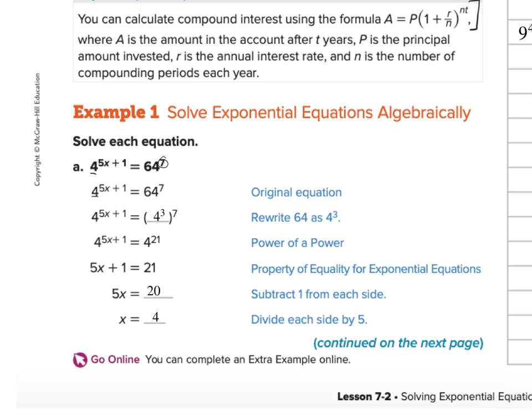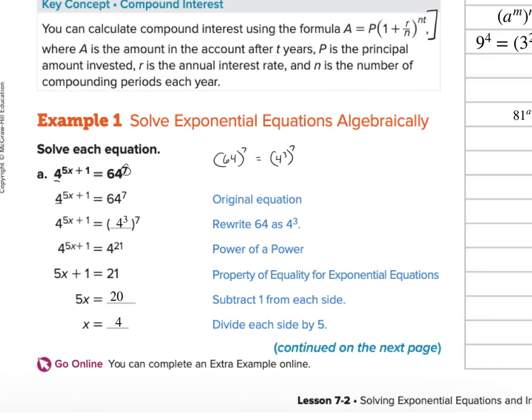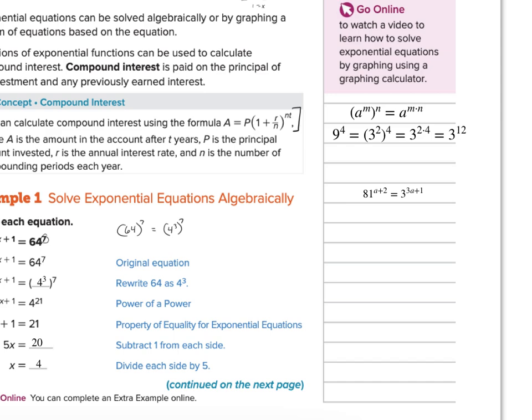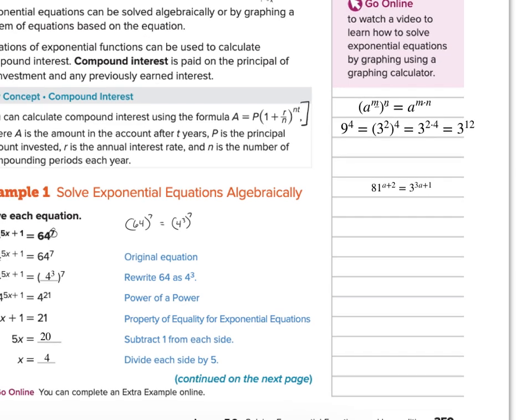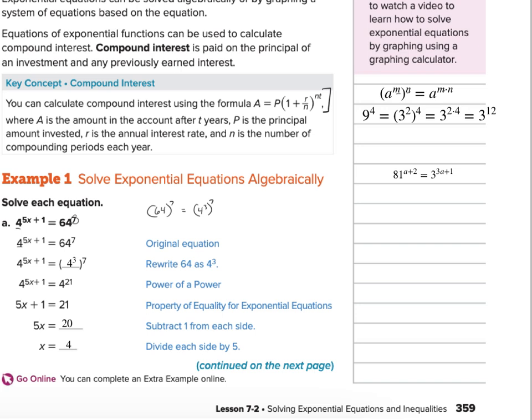What we find out is 64 is actually 4 cubed, so this is 4 cubed raised to the 7th power. Now I know one of my properties: when I have a power raised to a power, we multiply the exponents. So this would be 4 to the 3 times 7, or 4 to the 21st power.